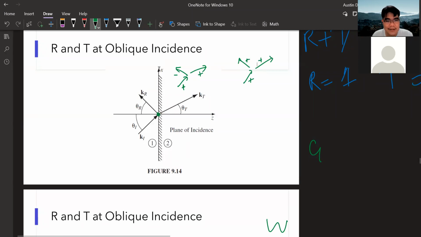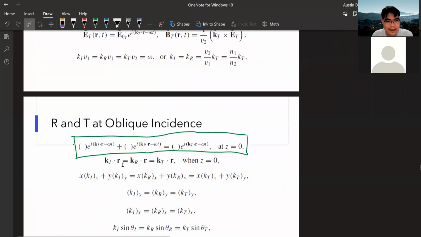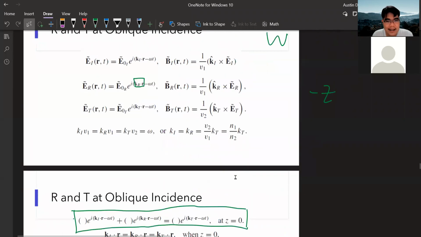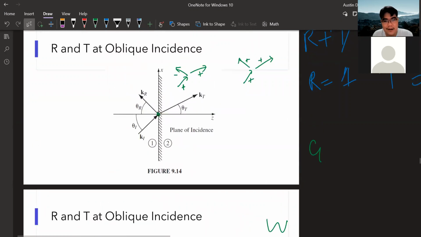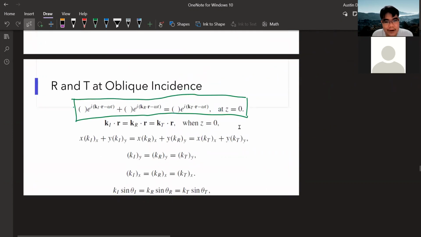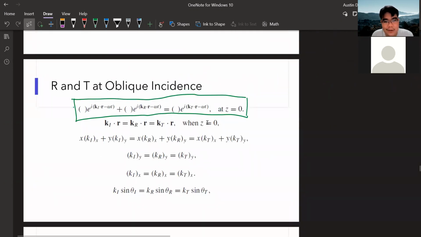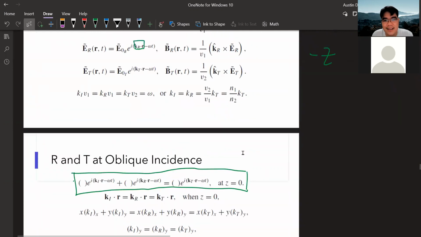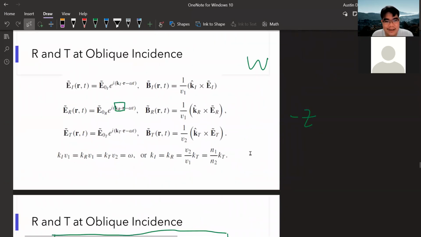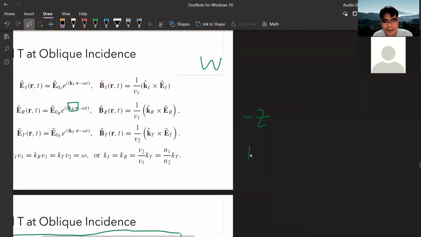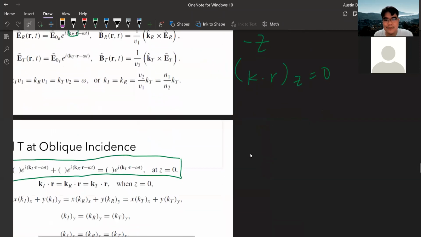So, lahat sila ay positive x. So, in essence, si Kr, nagne-negative yung part ng z niya kapag magre-reflect na siya. Magre-reflect na siya, magpapalit na yung sign niya. However, we are looking at z is equal to 0, so that thing, hindi natin siya i-consider. Kasi z is equal to 0 naman eh. So yung z component ng Kr, Kr z, is actually 0.